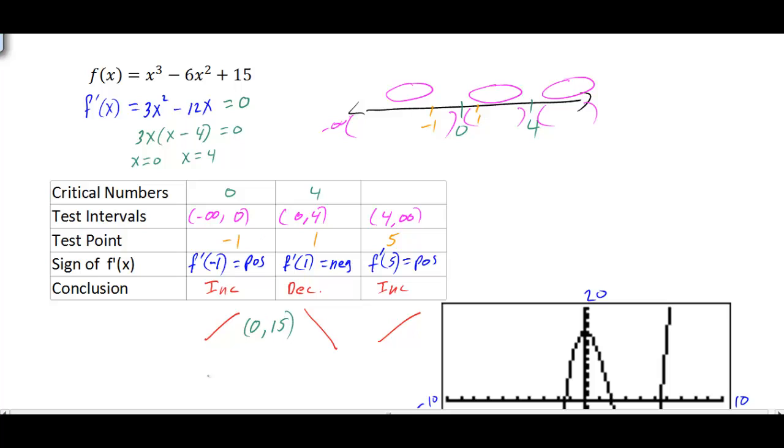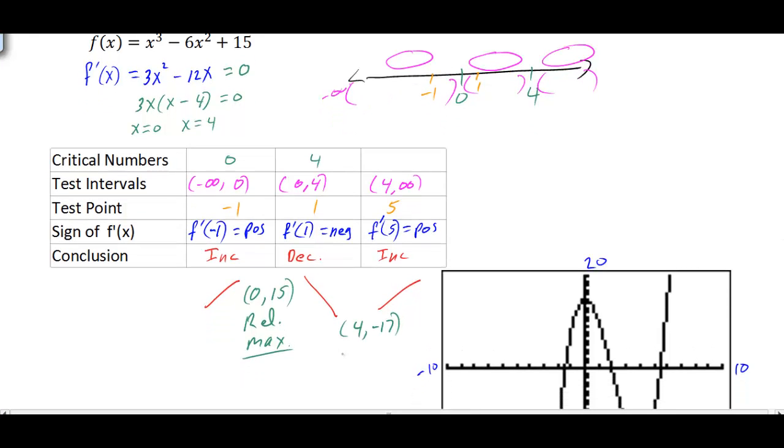So at 0, 15, we have a relative max because our graph is increasing and then decreasing. And what happens at 4? Well, when x is 4, if we want to know the y value, we plug 4 into the original function. And if we do that, we'll find it to be negative 17. So that tells us at this point, because our graph is decreasing and then it changes to increasing, we end up with a relative minimum.